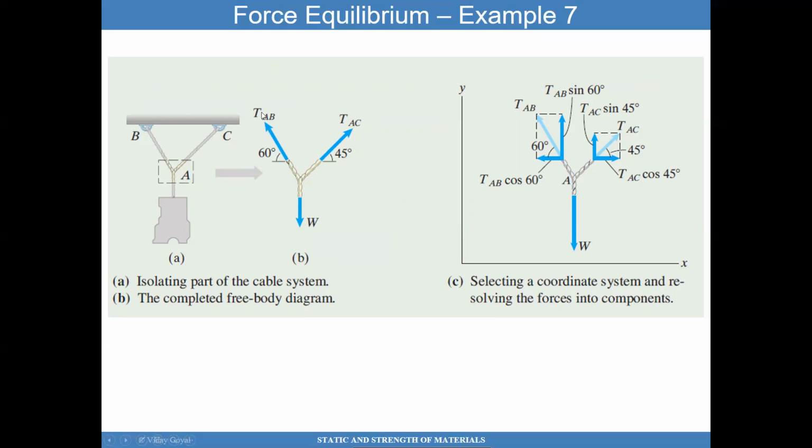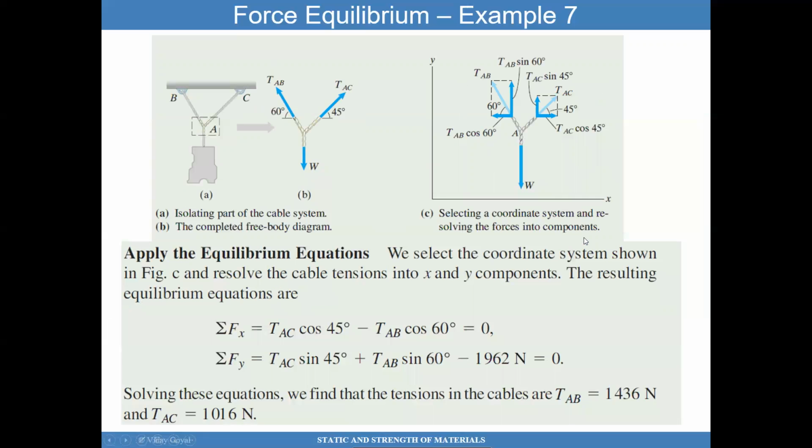Then I can decompose TAB into the x and y components, and TAC into the x and y components, using simple trigonometry, as we've done over and over. This is the weight W. The vectors added in the y direction should be equal to 0, and the vectors added in the x direction should be equal to 0. So that's what I have here, the first equation, and then I can write the second equation.